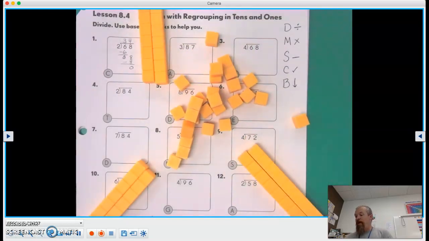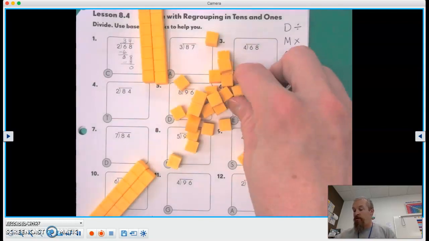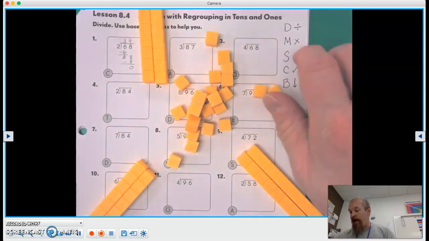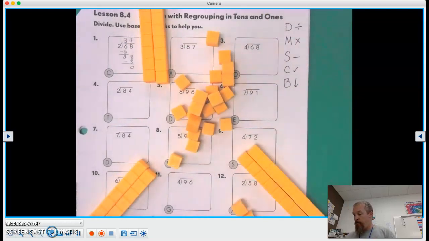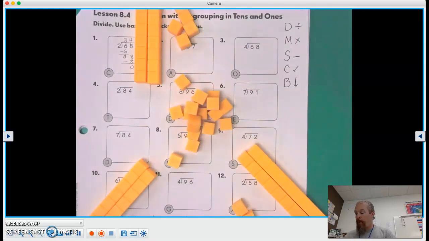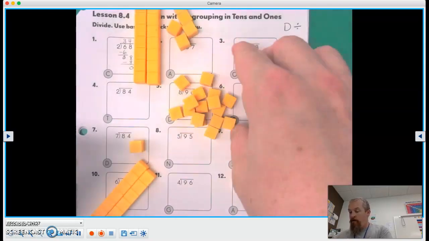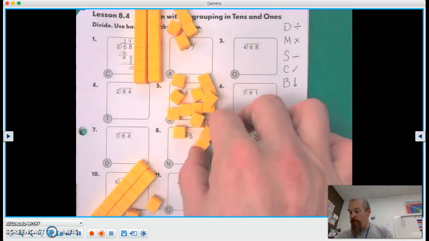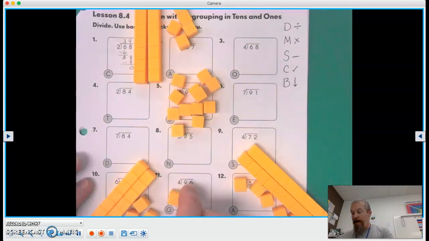Now, I have a whole bunch of ones I need to split up. So let's just go 1, 2, 3, 4, 5. 1, 2, 3, 4, 5.